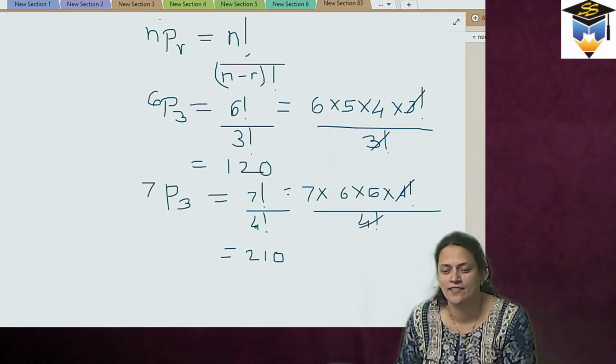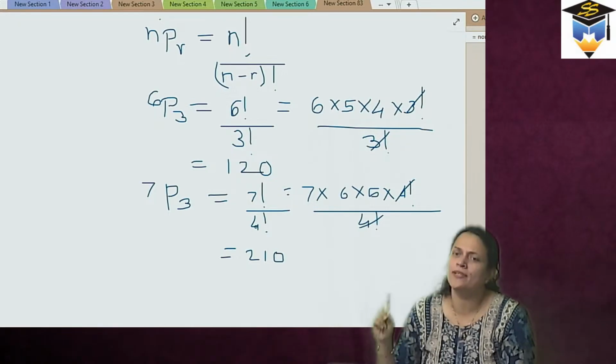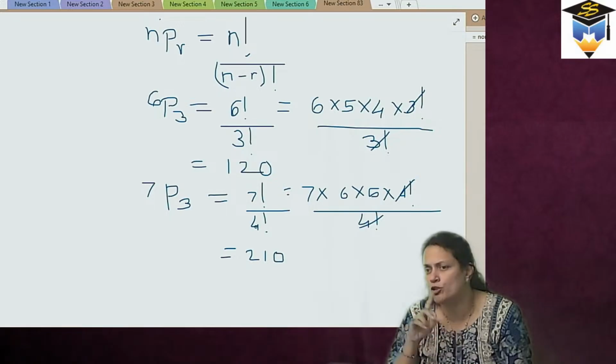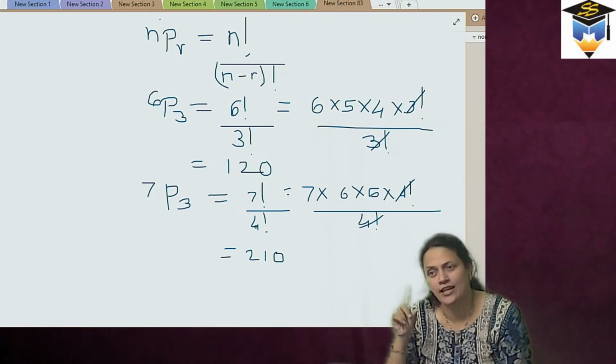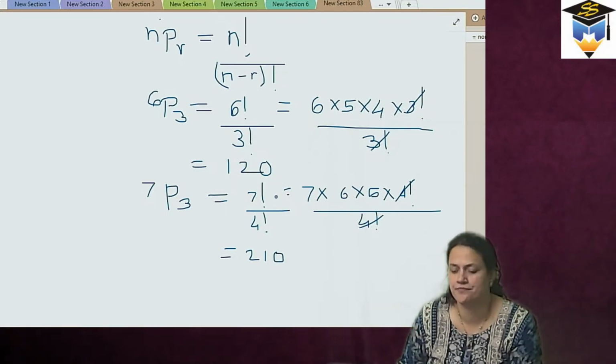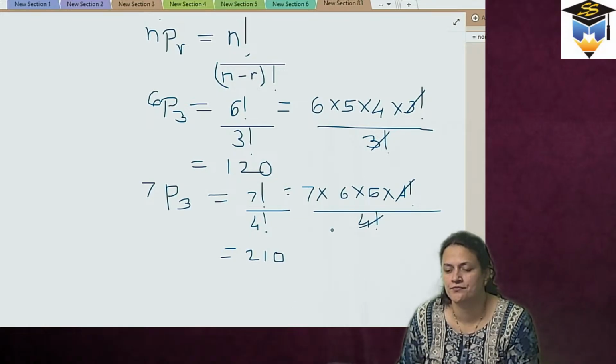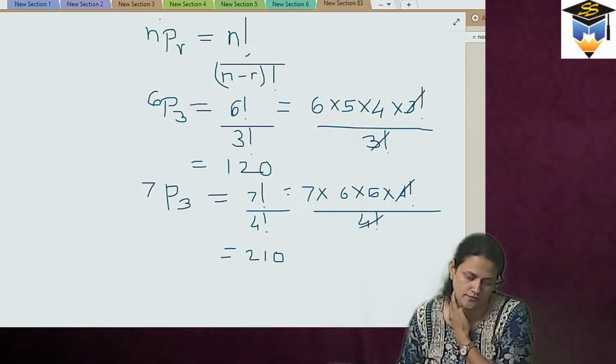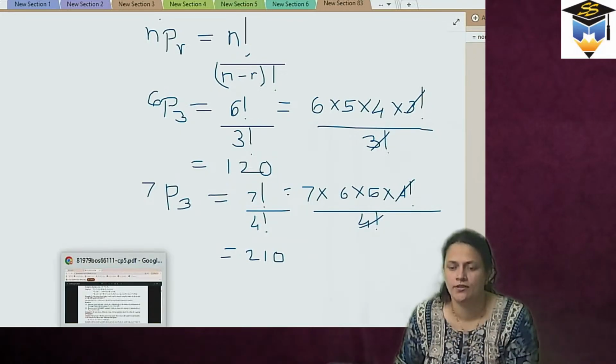This is a very basic concept. Who has done permutation and combination up to 10th standard, any board? 11th you have done for science. Okay, understood.